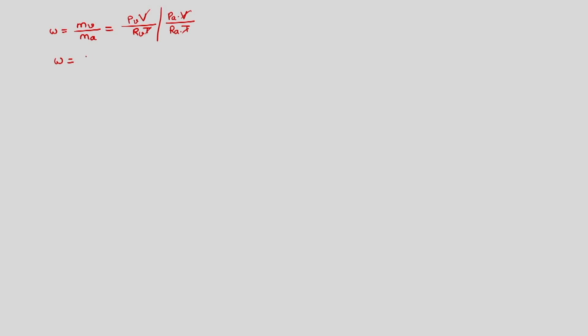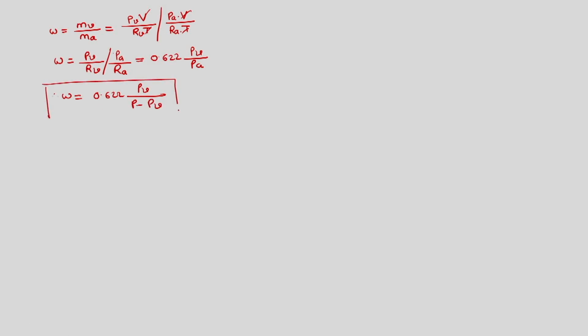So we have omega equal to PV upon RV divided by PA upon RA. If we take the standard values of RV and RA, we will get this number as 0.622 into PV upon PA, and then we can denote that as PV upon P minus PV. So this is the expression for specific humidity.